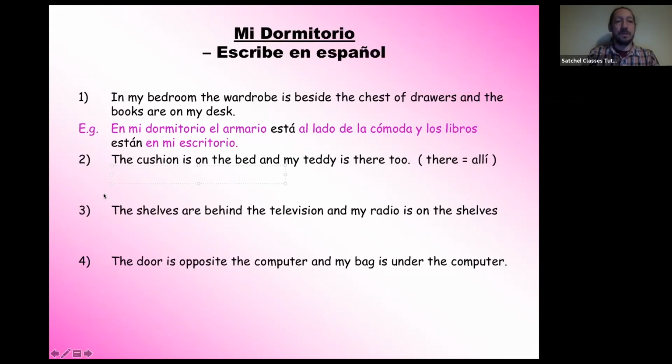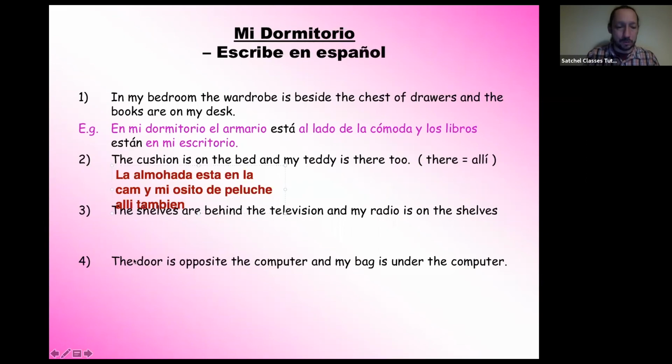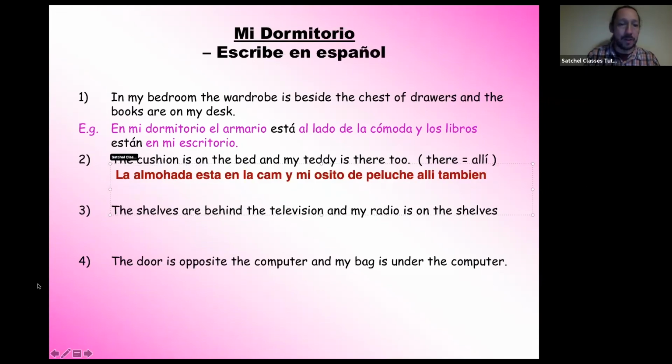La almohada está en la cama y mi osito de peluche allí también. Now we say almohada, but we also have the word cojín, which I'm going to use instead of almohada. El cojín. That's better.